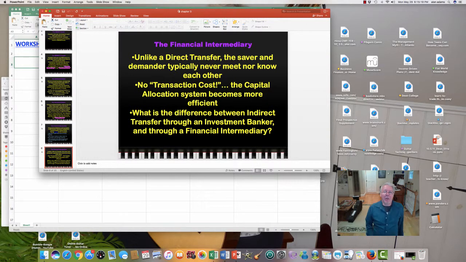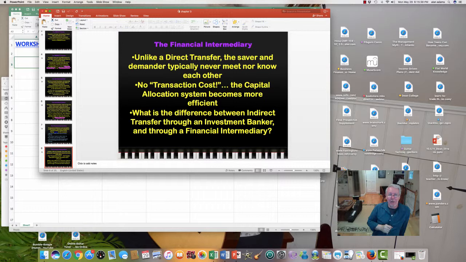Now, the thing about the financial intermediary is like this. Unlike a direct transfer, we never need to meet, we never need to know each other. We're faceless. There's no transaction cost, like in the Chapter 1 barter system. The capital allocation is more efficient and it's faster.